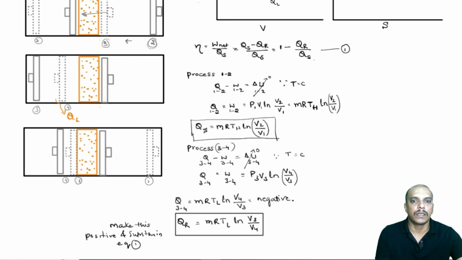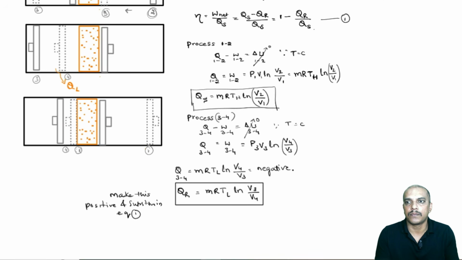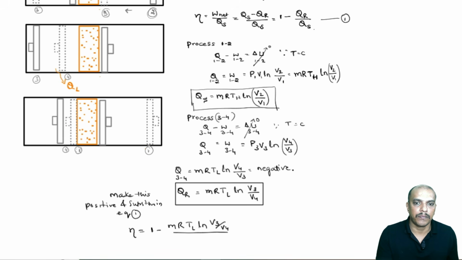Now, I think we can go back to equation 1 and substitute this in equation 1. Efficiency is equal to 1 minus mRTL ln of V3 by V4 divided by mRTH ln of V2 by V1. These two mR and mR cancel out. For a closed system, mass and the gas constant remain the same.